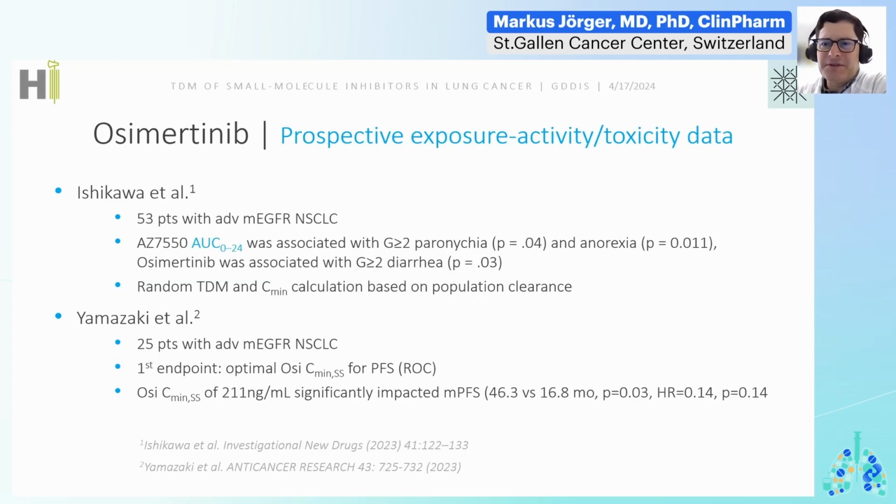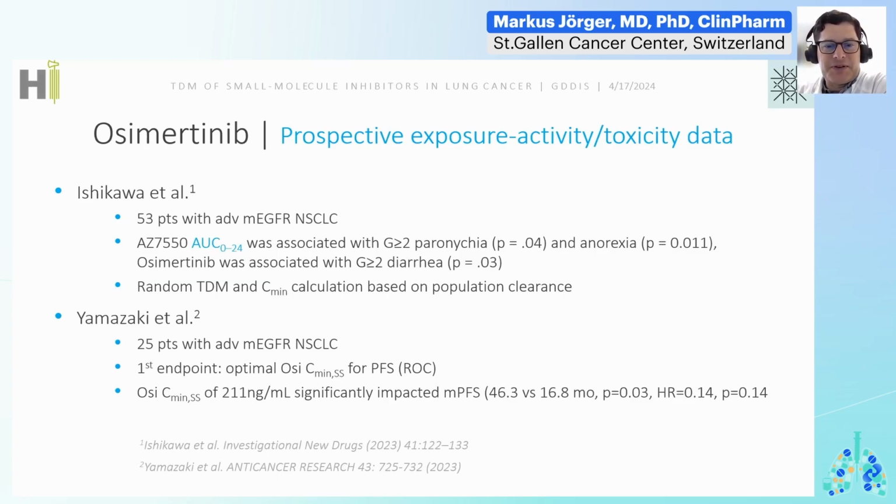And you may not even necessarily have to very stringently go for C trough, which has to be taken at steady state, obviously, before next dosing and usually in a fasting condition.